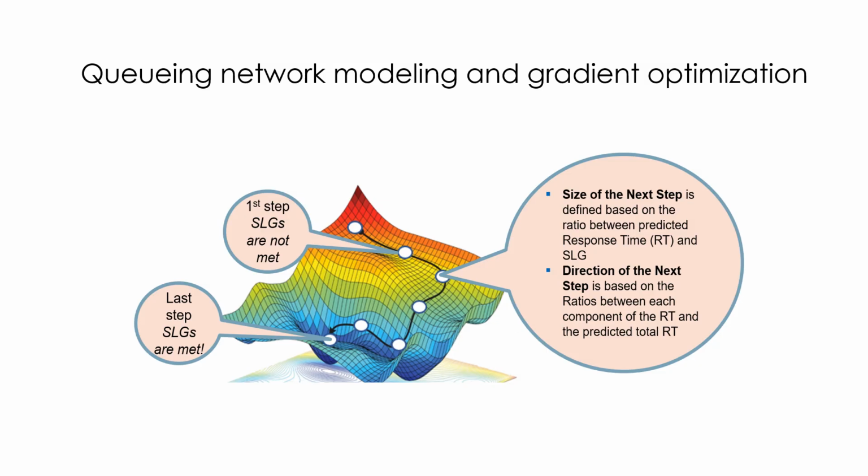During each optimization step, the algorithm changes the hardware configuration and workload management parameters, and the model predicts performance of each agent running on different components of each layer and predicts the total response time. The optimization process repeats many times until the predicted response time meets the service level goal.